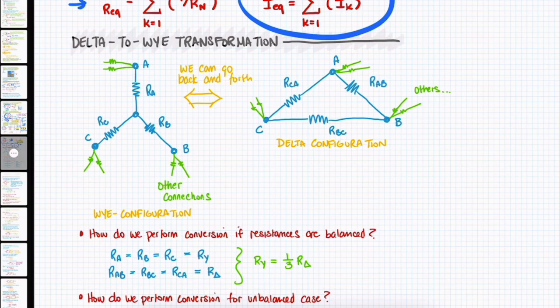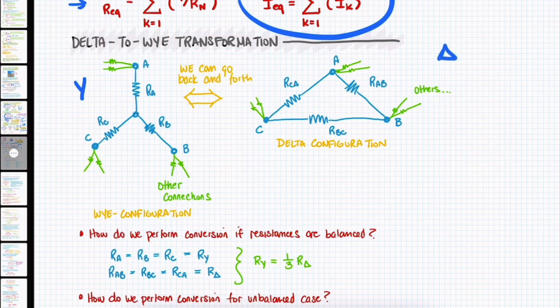We have the series connection equivalency of voltage sources and the parallel equivalency for current sources. But there are some cases where resistances can be connected such that the parallel and the series equivalencies cannot be used. And a prime example are the Y and the delta configurations.